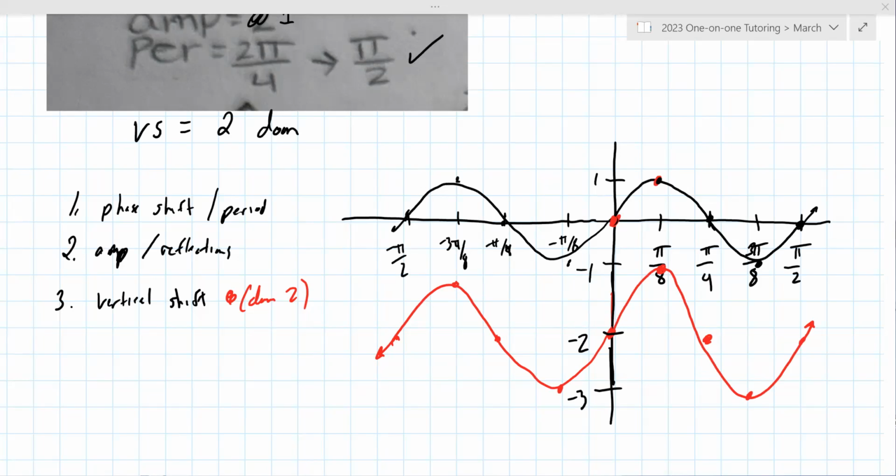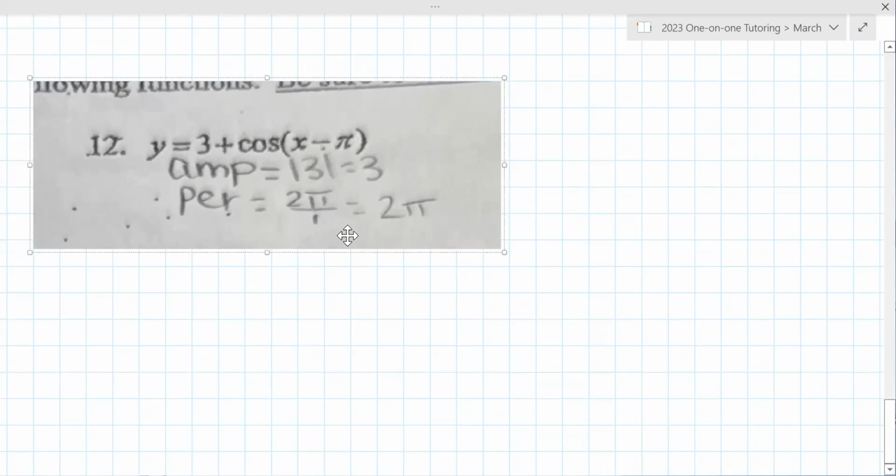So if you're ready here, we can do the next one, number 12. All right, so amplitude, you want to adjust that here again.